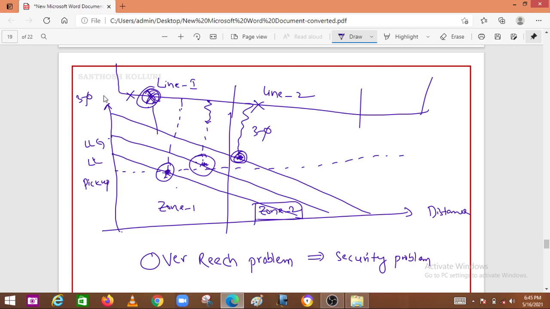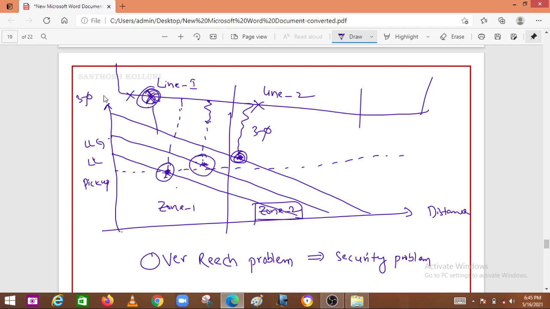So if the pickup current is selected based on the minimum value of the fault current in a protection zone, then the overcurrent relay experiences a security problem, this overreach problem. Similarly, there exists an underreach also. If the relay does not operate for a fault inside its zone of protection, then it is called an underreach problem.